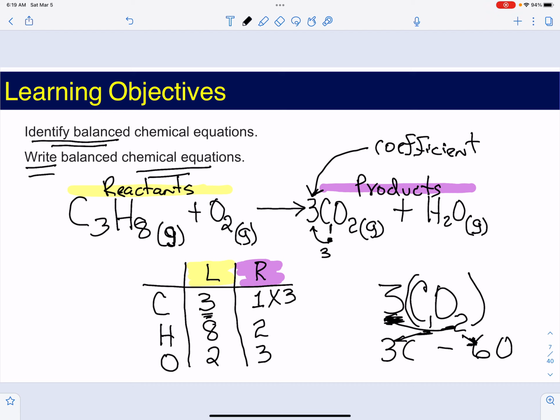So we never balance by changing the subscripts. We balance only by adding a coefficient. So put that on your memory bank. However, the coefficient can affect more than 1 element, like we just saw.